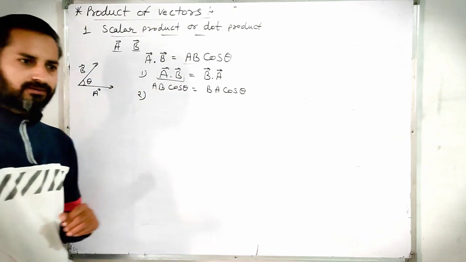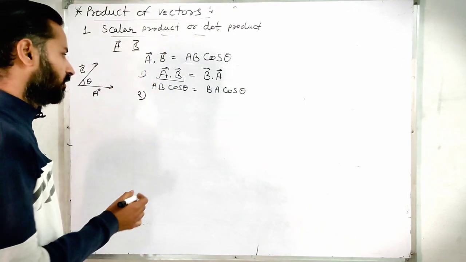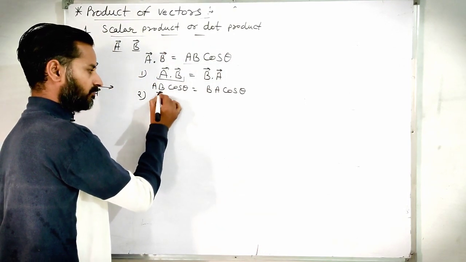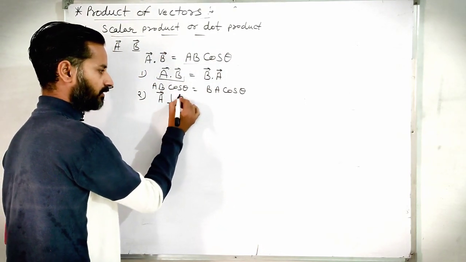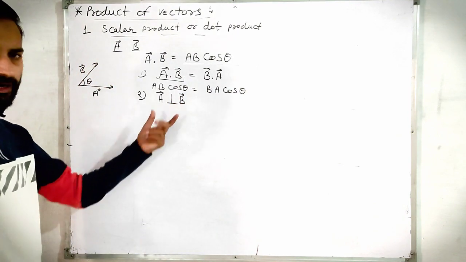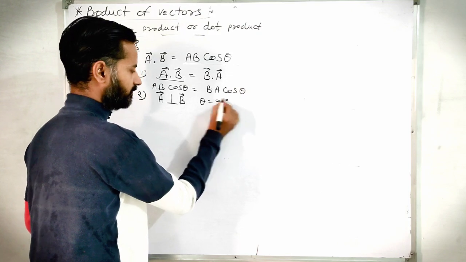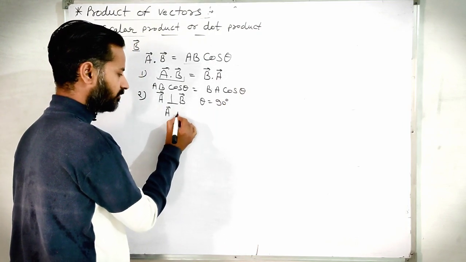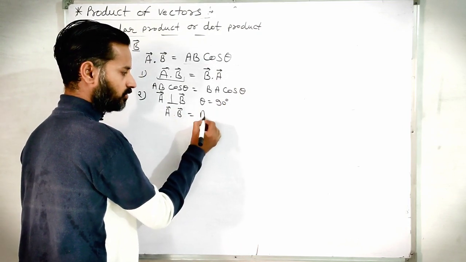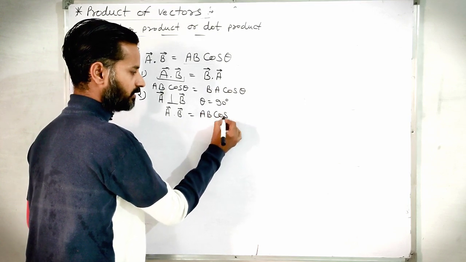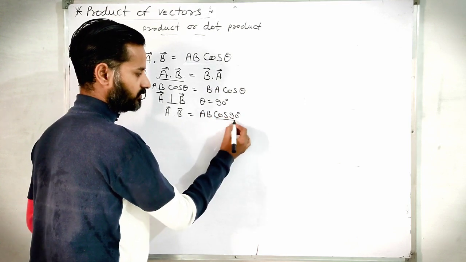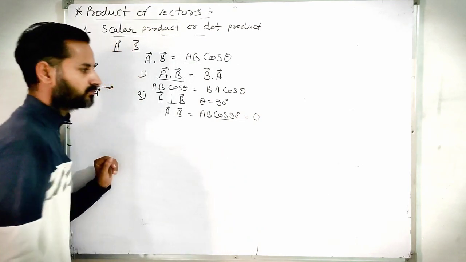And the second one, the dot product of two perpendicular vectors, A vector and B vector. If A and B are perpendicular, then theta will be 90 degrees. In this case, A dot B will be equal to AB cos 90, and cos 90 has the value of 0, so we will get 0.